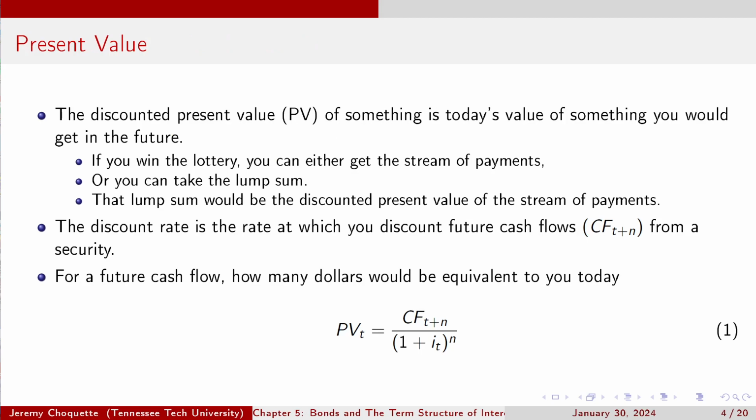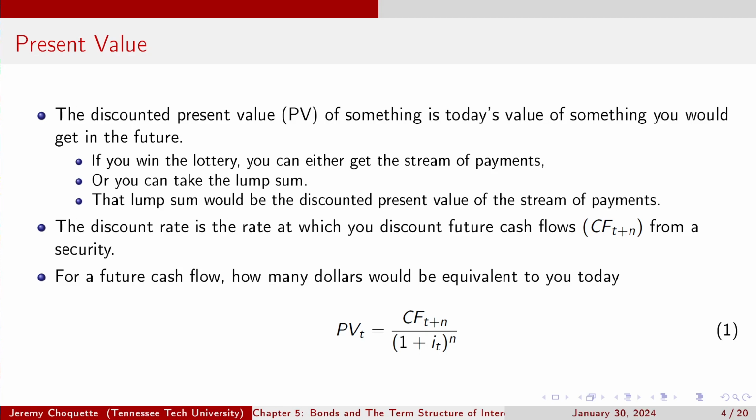Anyways, getting started. What is the discounted present value? Well, the discounted present value of something is today's value of what you would be getting in the future. So, like if you win the lottery and they tell you that you can either get the stream of payments or you can take this huge lump sum, that lump sum is the discounted present value of the stream of payments you'd be taking otherwise. The discount rate is the rate at which you discount the future cash flows from a security.